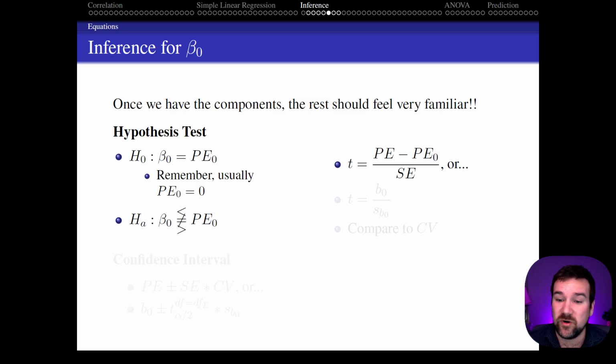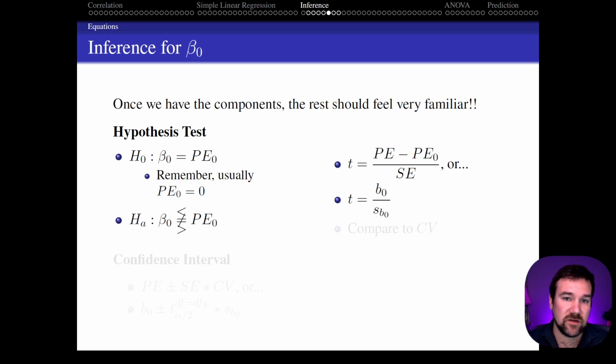Test statistic: point estimate, minus null hypothesized point estimate, over the standard error. And again, because the null hypothesized point estimate is typically 0, plugging in my PE and SE from my previous slide, I have B0, the point estimate, divided by the standard error of B0, S sub B0. And that's my equation. Now, are those longer?